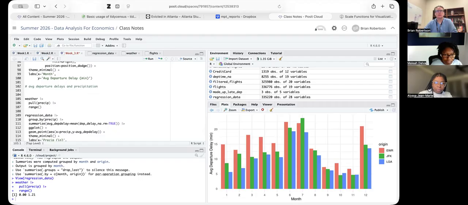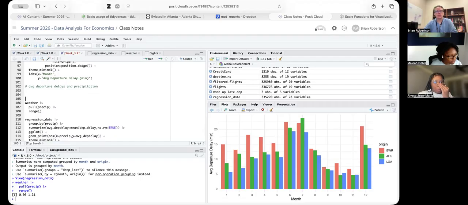Let's see now, what range of precipitation is in the data?